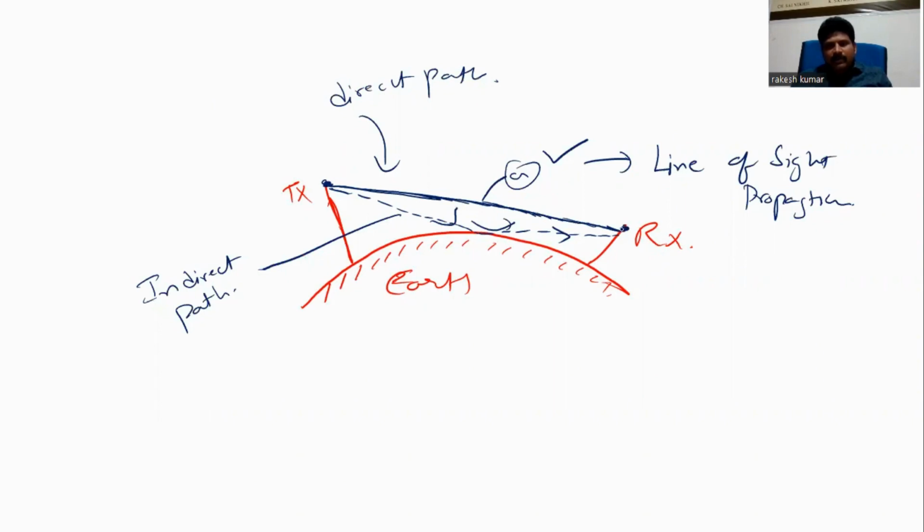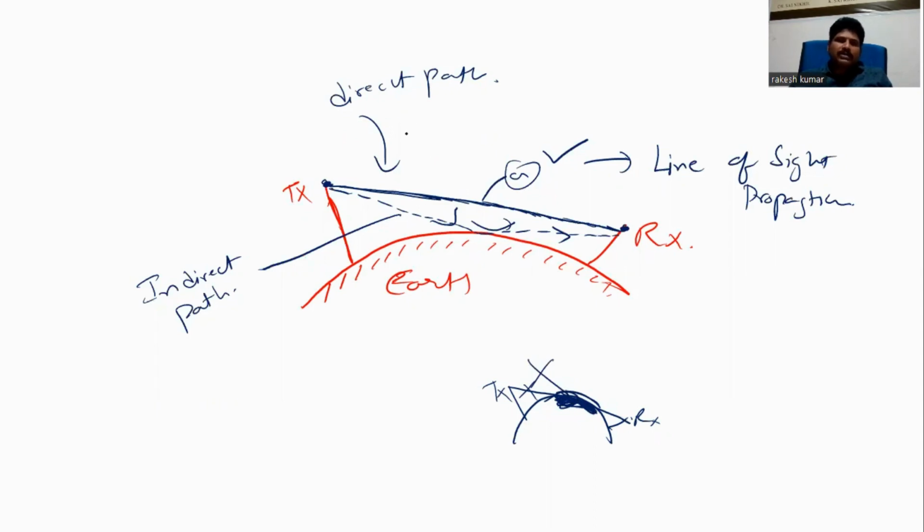Sometimes, for example, if the transmitting antenna is like this and your receiving antenna is like this, it is not possible for the direct ray to come to the receiver because it is getting stopped by the bulge of the earth surface. So this is one limitation.